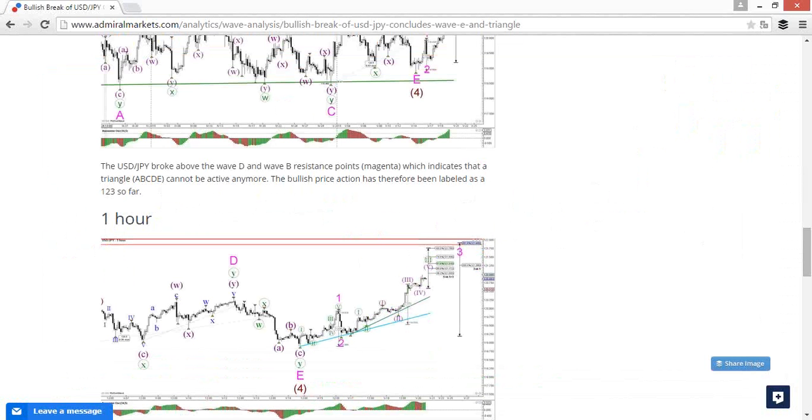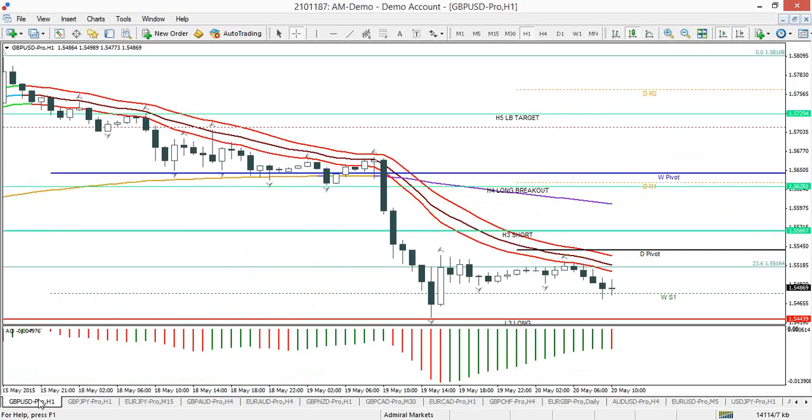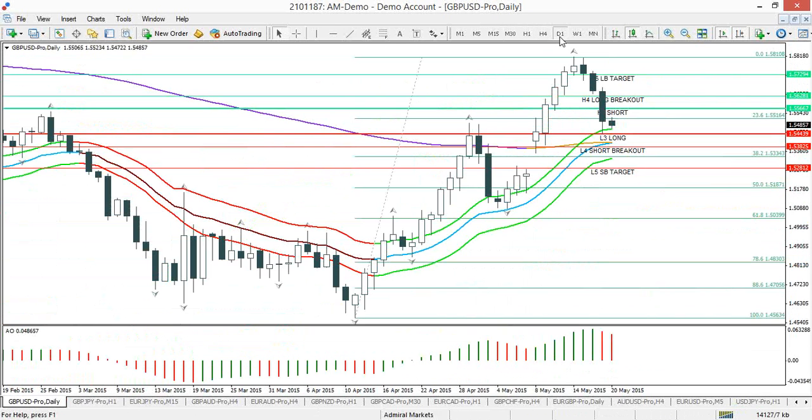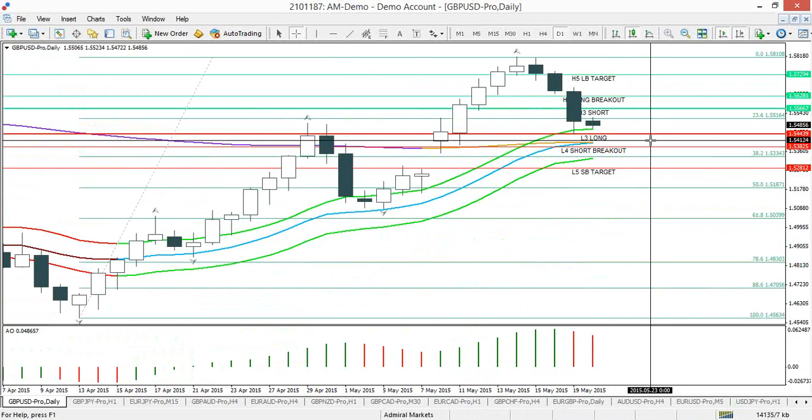Would you use the 21 EMA daily on cable as a point to go long, or is it risky without confirmation above H3? Let's see. 21 daily. I know traders who do that actually, so definitely something that is done.